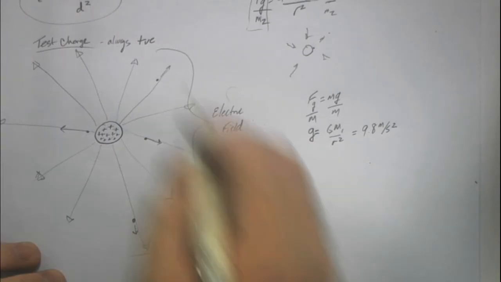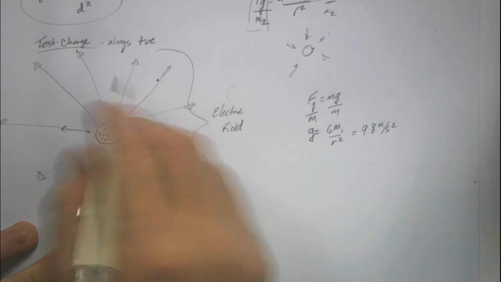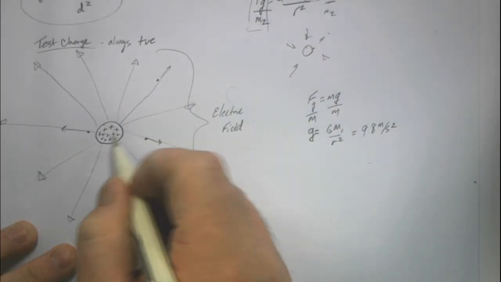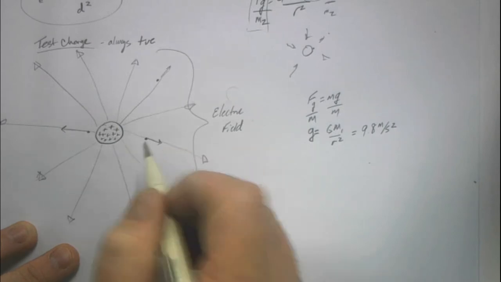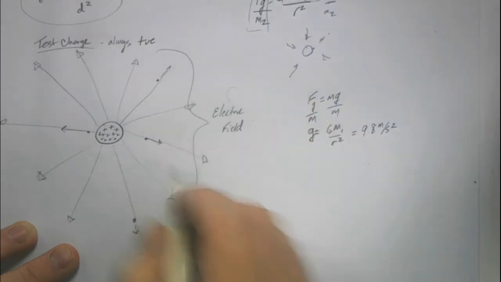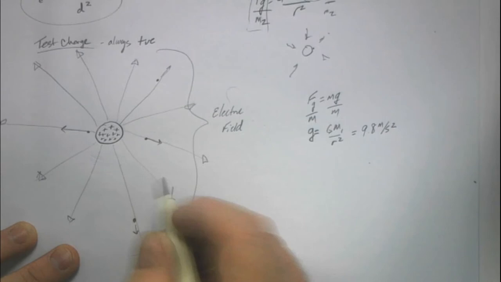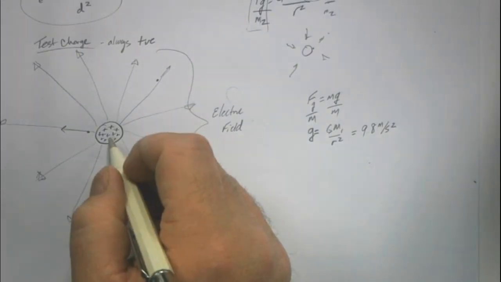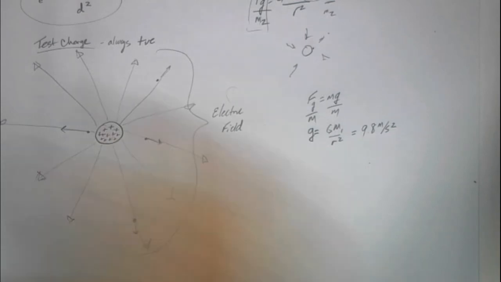But the idea is that this is the strength of the force based upon how close you are to this object per unit charge that's in the field. So if I double the test charge, we're going to have double the force, right? If I cut the test charge in half, then we're going to have half the force. Yeah? Or if I change this value, we're going to have half the value. You guys following here? Okay. So this is the idea of electric field.